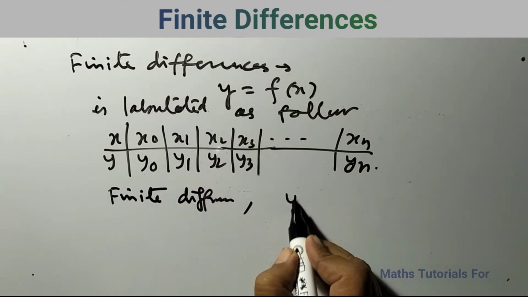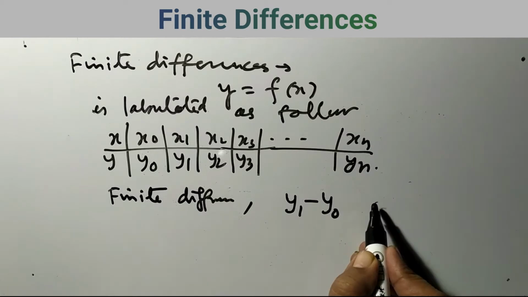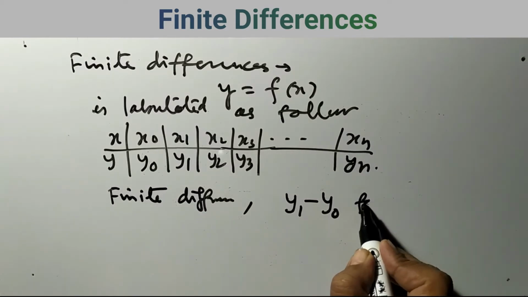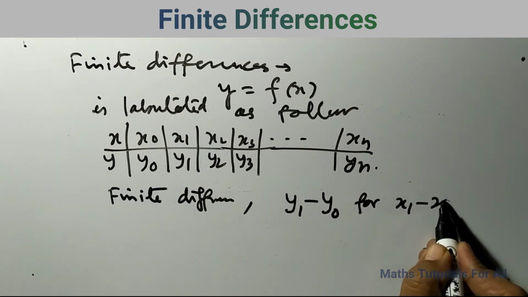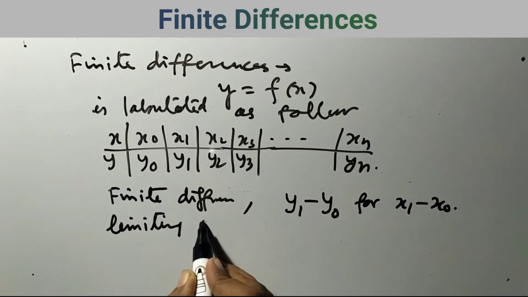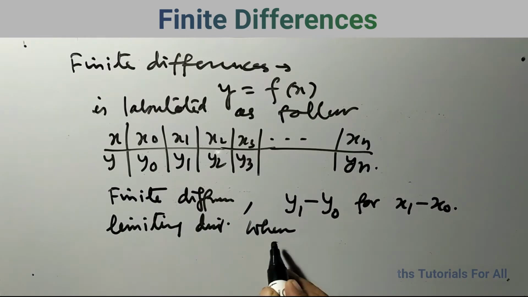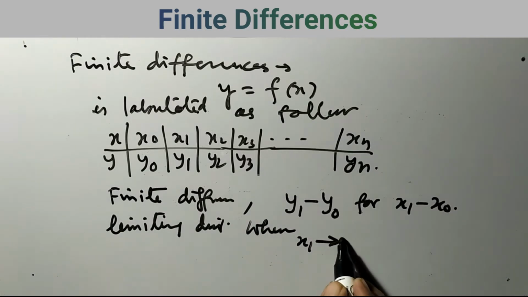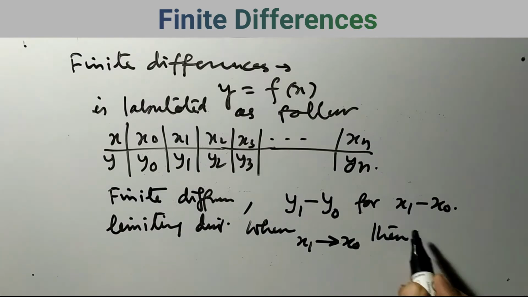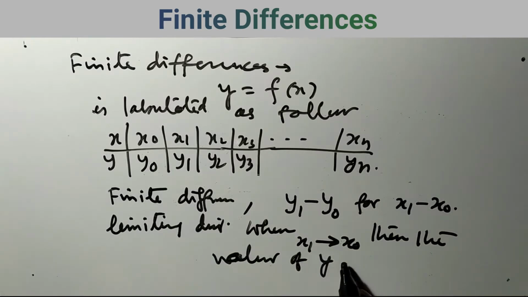Here, y1 minus y0 is a finite number and its difference is a finite difference. For x1 minus x0, infinitesimal limiting difference: when x1 tends to x0, then the value of y is called the limiting difference.